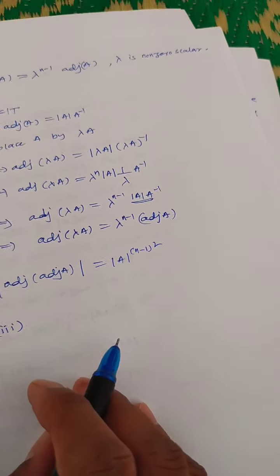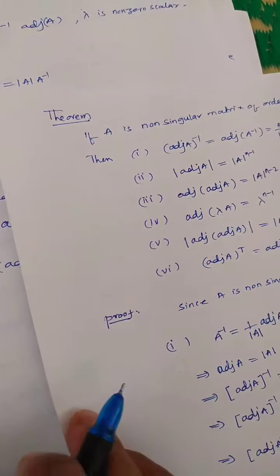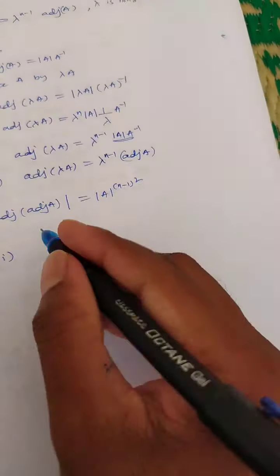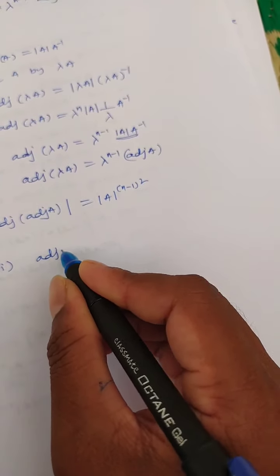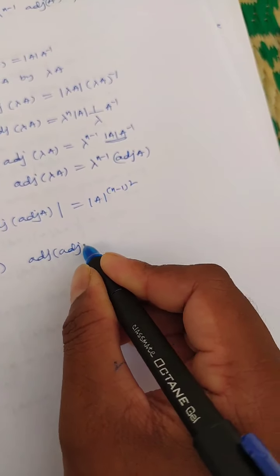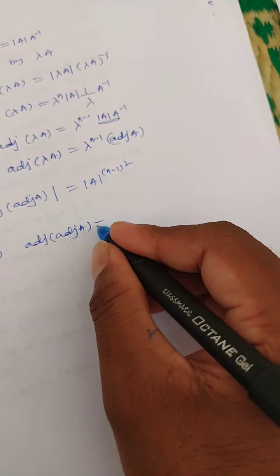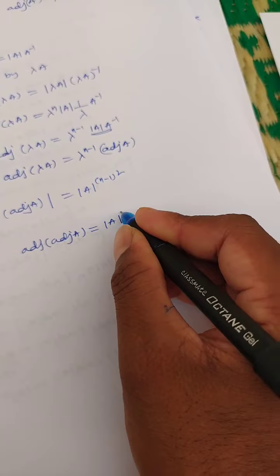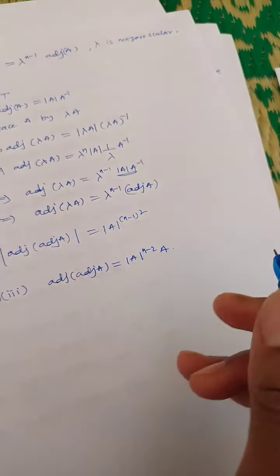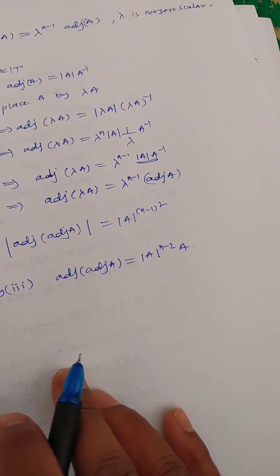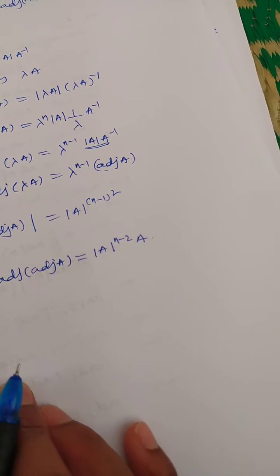What is the third one? Adjoint of adjoint A equal to det A power n minus 2 into A. We know that adjoint of adjoint A equals det A power n minus 2 into A.